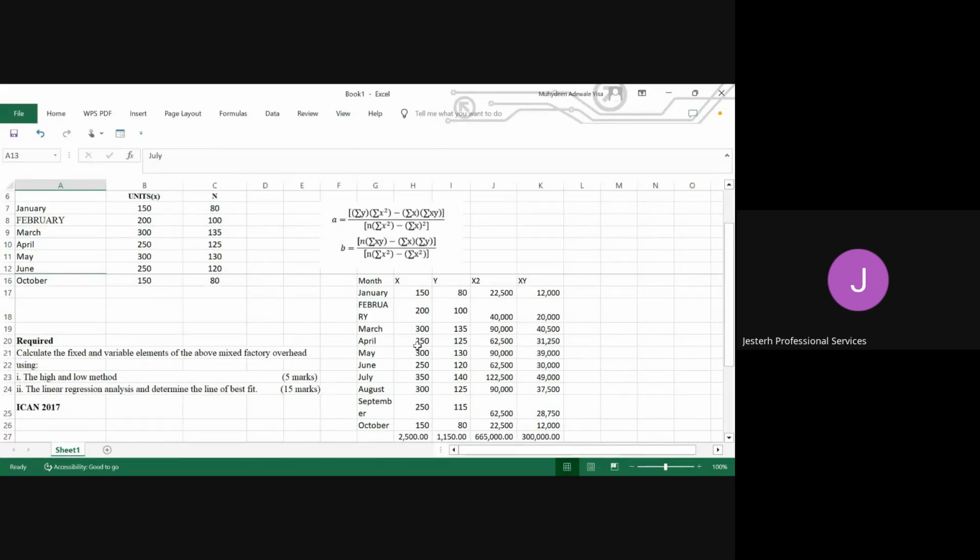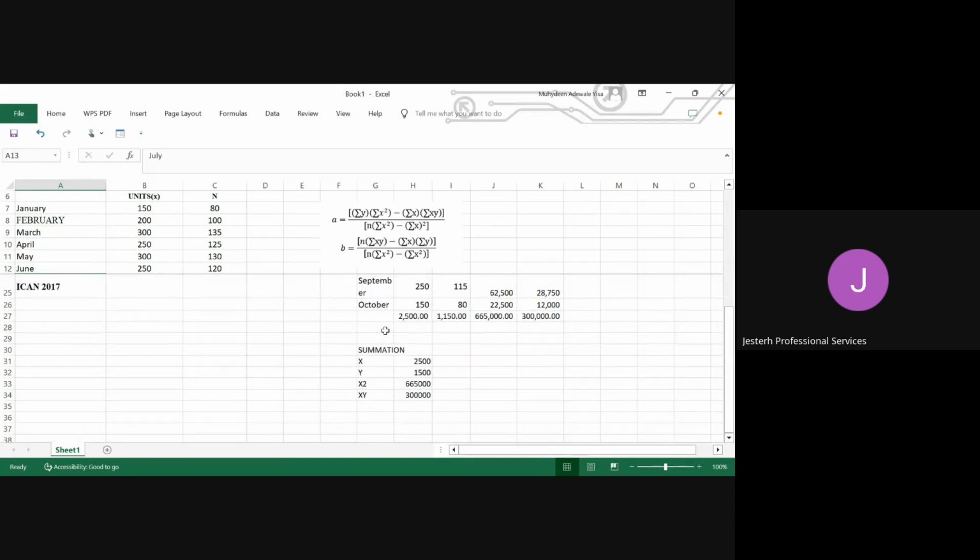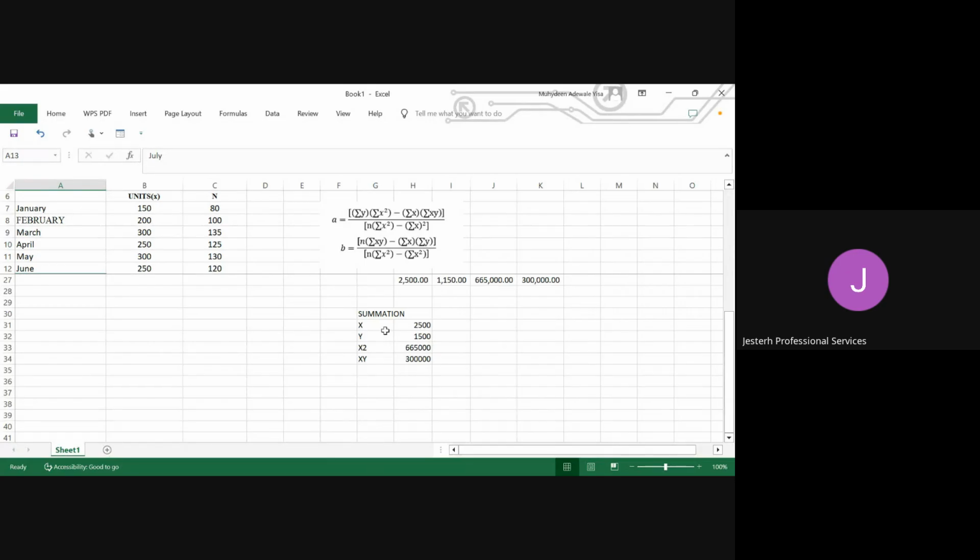Now I believe you can see the formula. The first one that we are going to calculate, we should remember this is our major aim that we want to achieve at the end of this: y is equal to a plus bx. That is what we are trying to achieve.